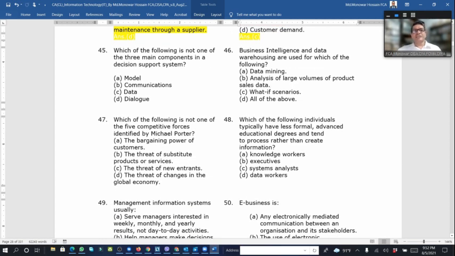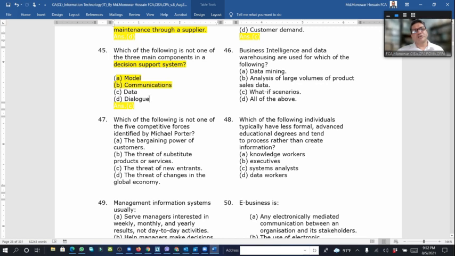Which of the following is not one of the three main components of the decision support system? Dialogue is one item. When we study the decision support system, we'll see that it requires the model, communication, and decision support system.